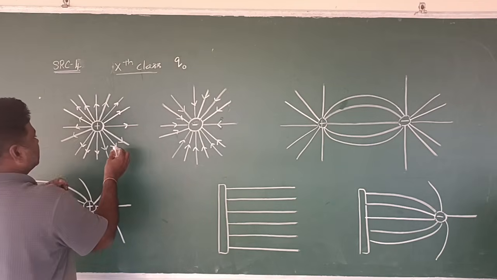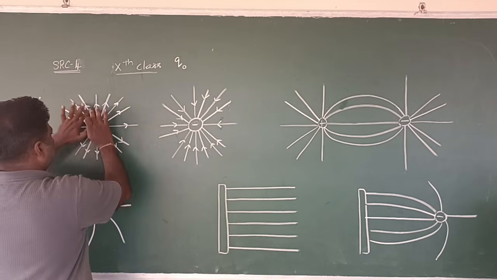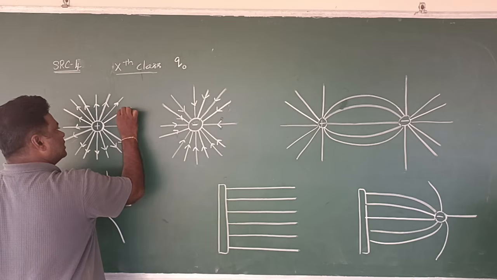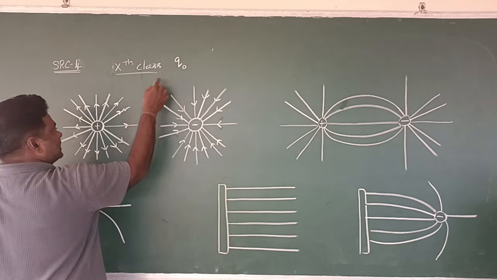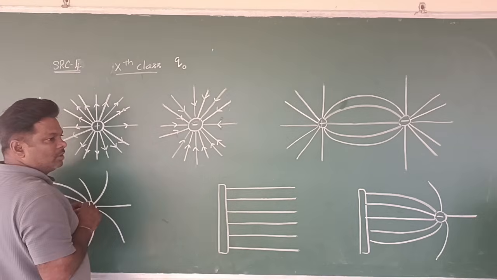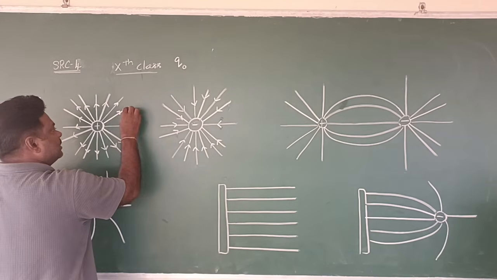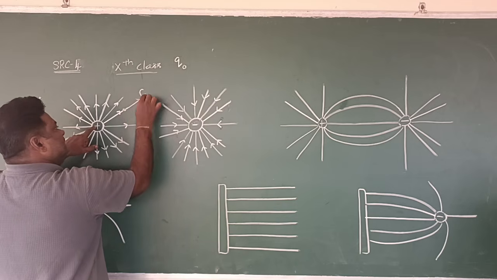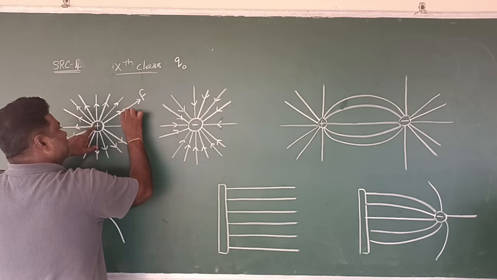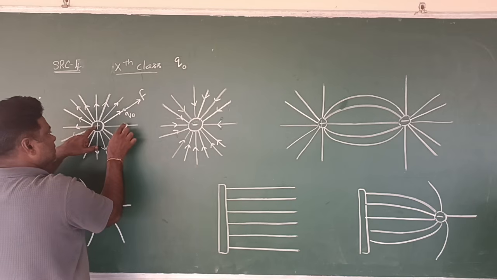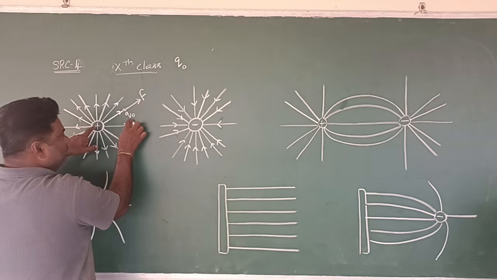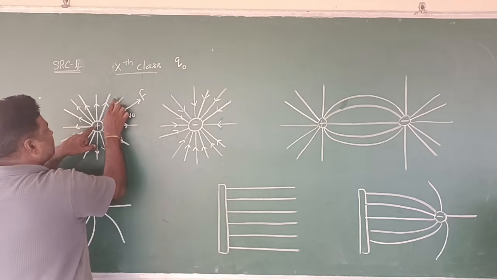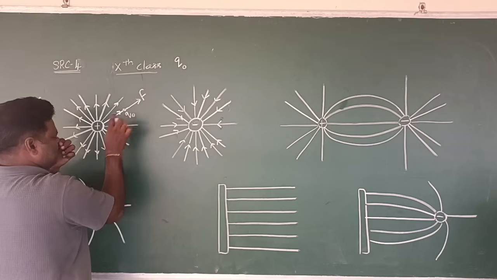If you place this anywhere in the region of this positive charge, it will experience a force which is acting away from the positive charge. Q naught will experience a force. So remember, this is placed in the field of this charge, not this one.